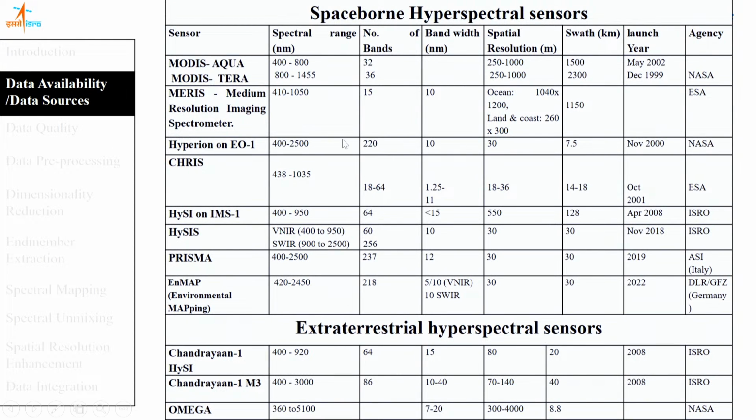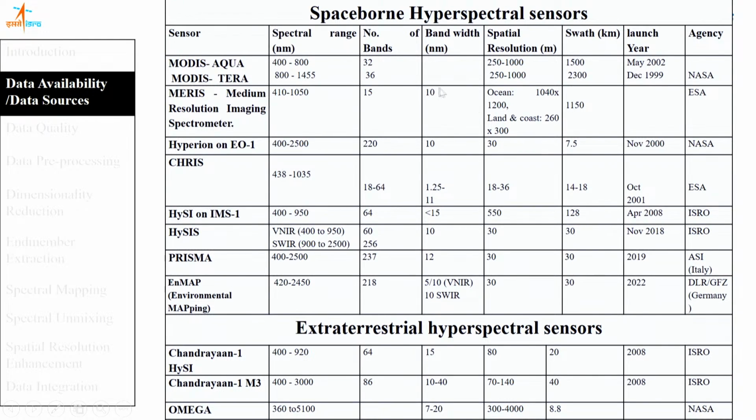Then coming to space-borne hyperspectral sensors, MODIS we normally list as a hyperspectral sensor also, because from visible to near infrared to shortwave infrared, we have 32 to 36 bands. The spatial resolution varies from 250 to 1000 meters.